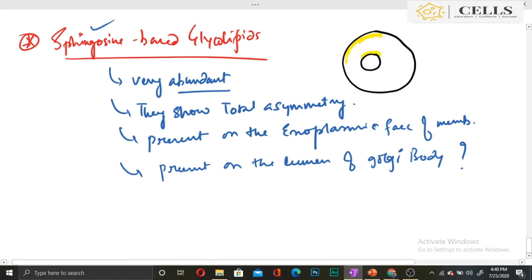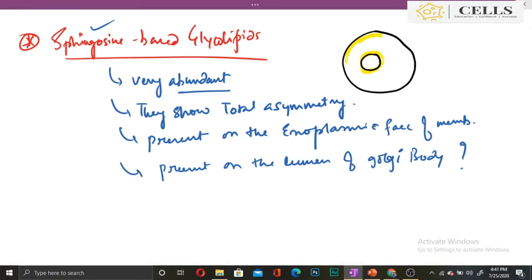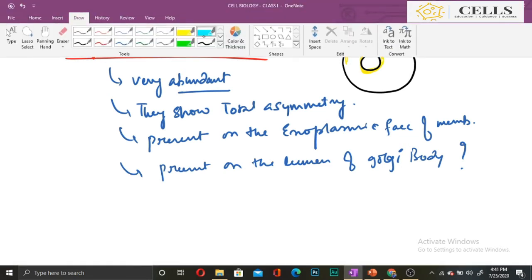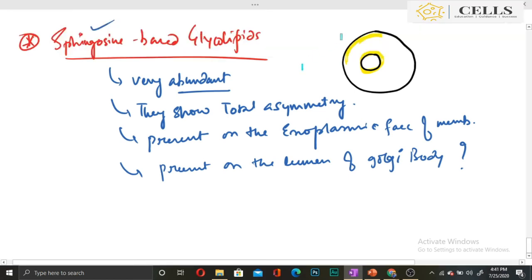Outside the lumen or outside the vesicle, it will have the same environment, and the environment which is present here on the exoplasmic phase, it will be present in the lumen of the vesicle, like this. Now you will say why?